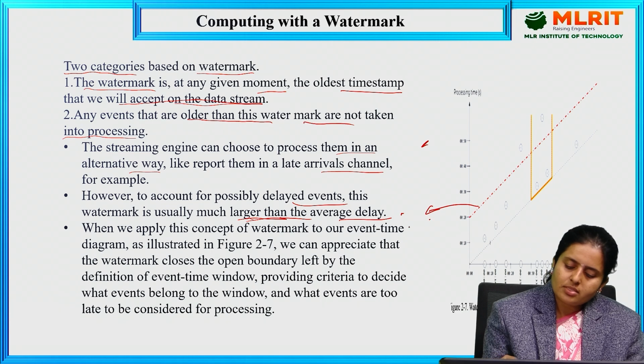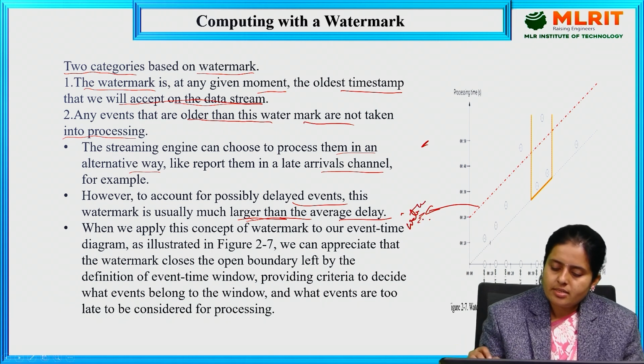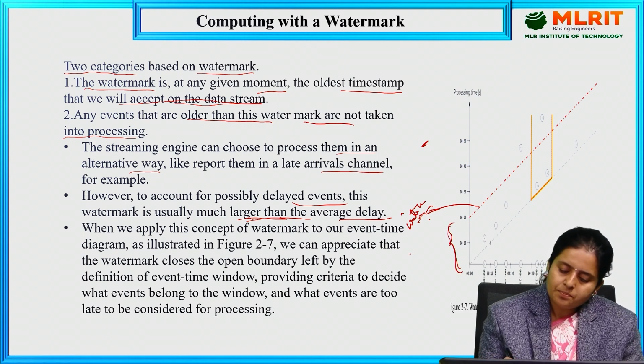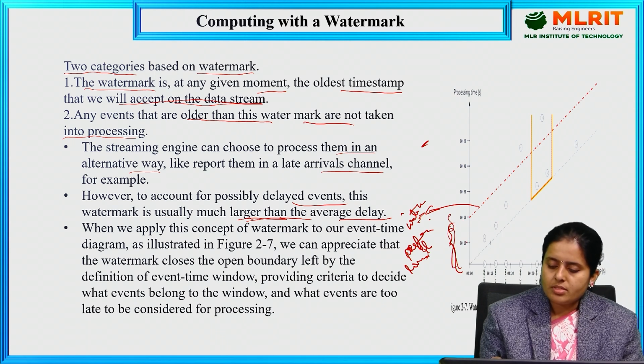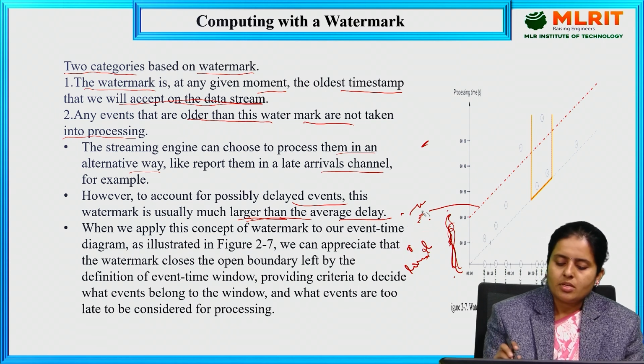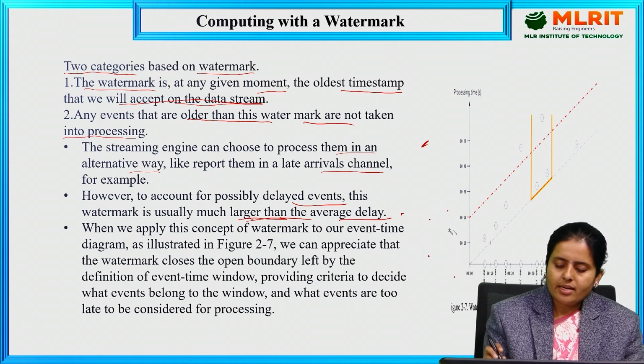The system considers all the events up to the watermark, that is, the events in between the watermark and the processing time timeline. So it can retain the data in the form of watermark.